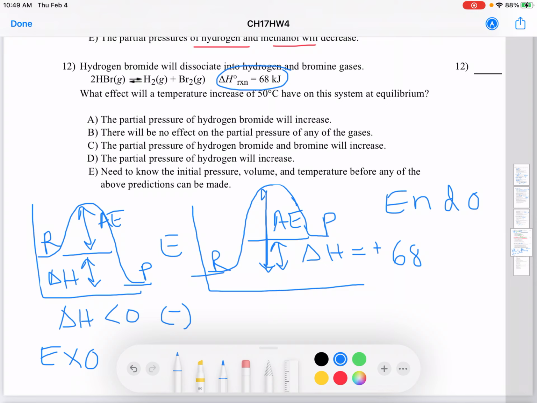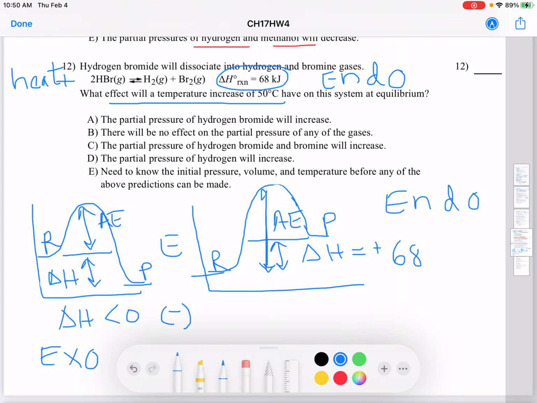In an endothermic reaction, if a reaction is happening, heat is being absorbed, right? So which direction would you put your heat? Heat is a reactant in an endothermic reaction. Now let's see what's happening. What effect will a temperature increase of 50 degrees have on this system at equilibrium?